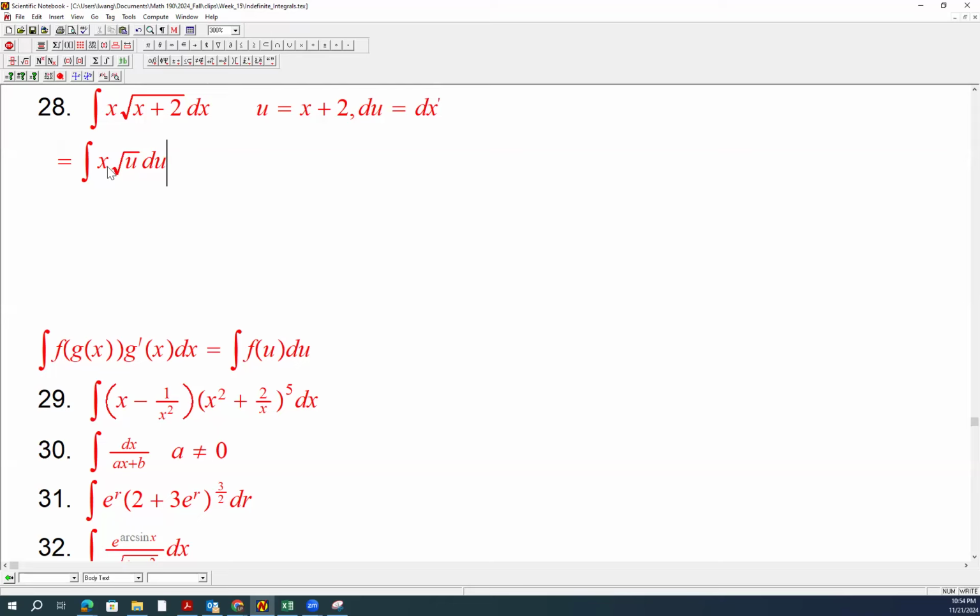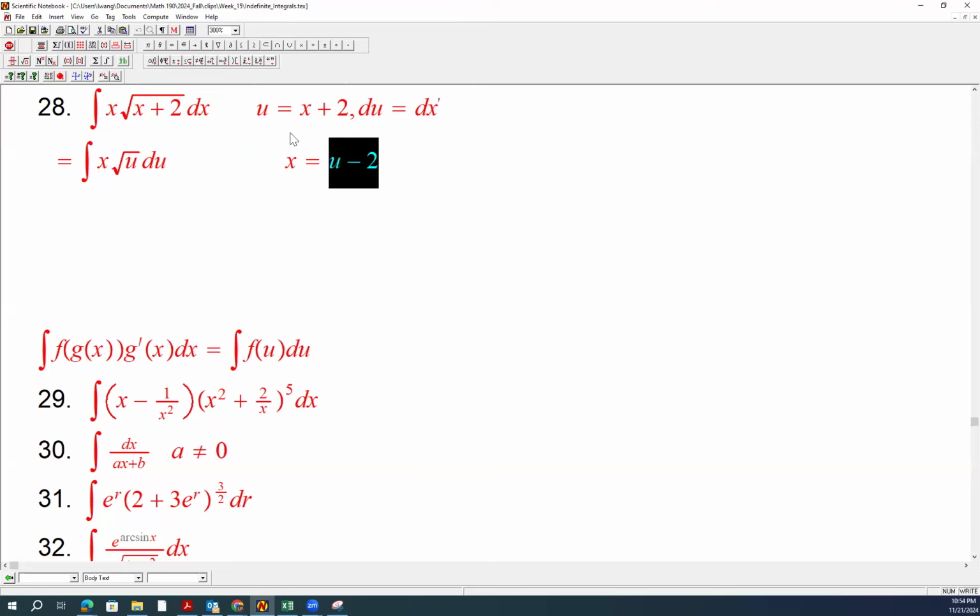Then you say, how am I going to replace the x? What are we going to do? No fear. This time, instead of dx equals du, we can substitute x according to this relationship, because in this relationship, x is equal to u minus 2.